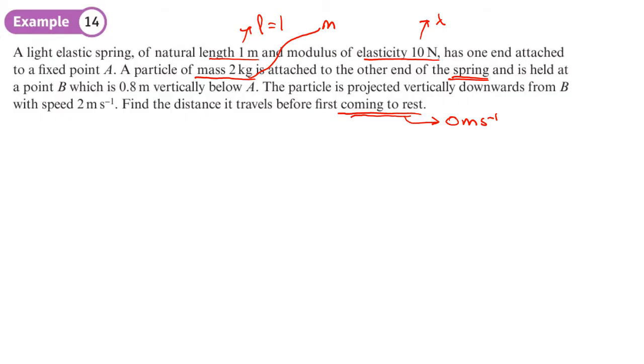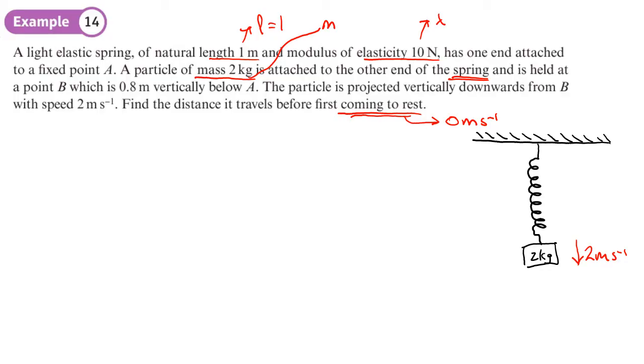So let's draw a diagram. Let's do that over here. So this is a hanging spring in this question. Okay, so something like this. And we have this mass of 2 kg here, and this is projected downwards at a speed of 2 meters per second.